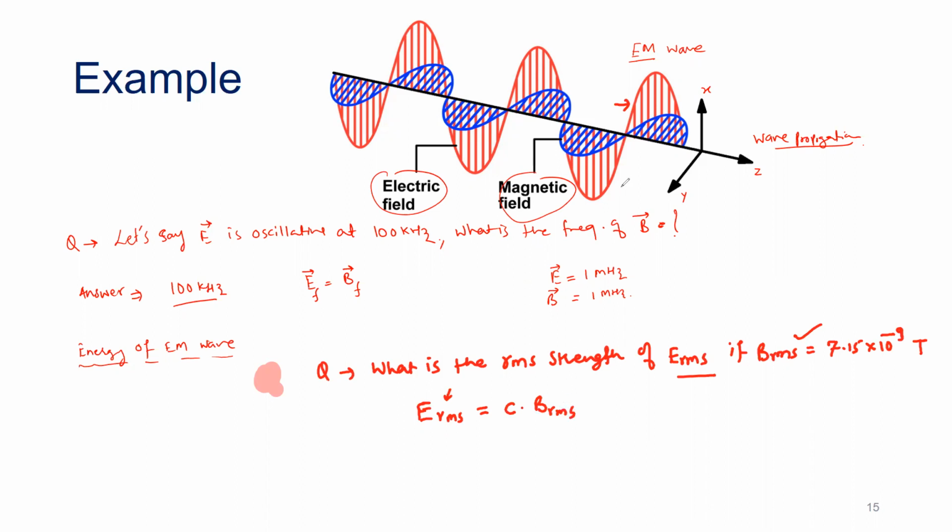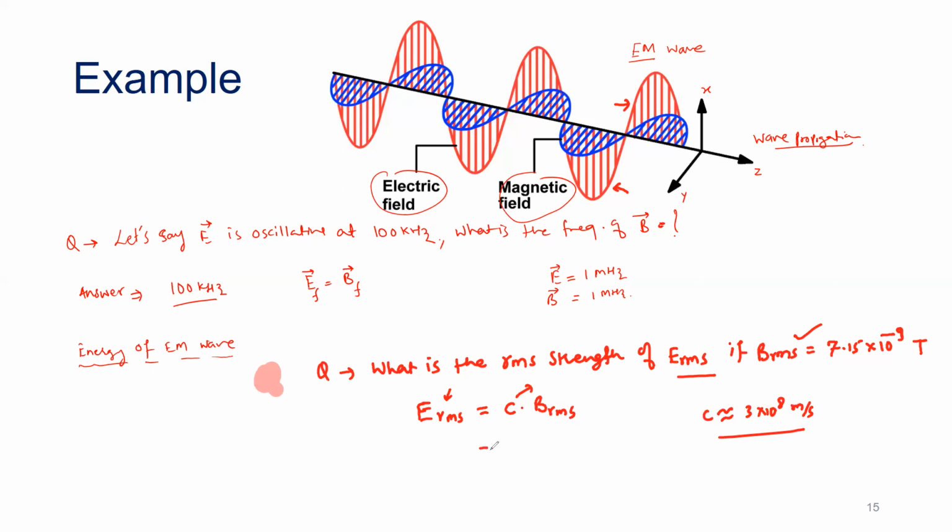BRMS is the strength contained by the magnetic field component, and c here is your speed of light. We know that c is approximately 3 into 10 to the power 8 meters per second. This is the speed at which the EM wave propagates into space.